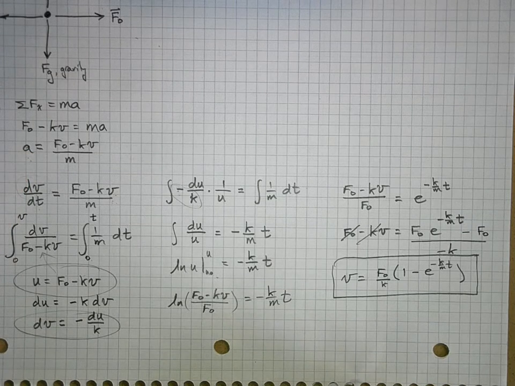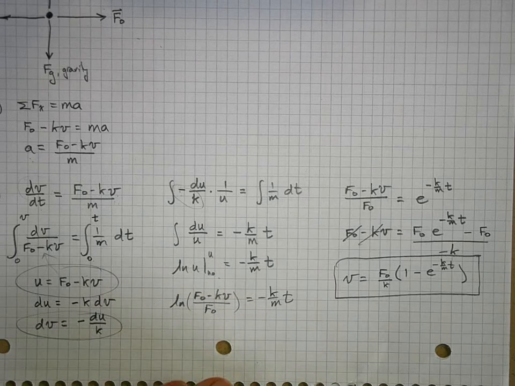No, he's fine, because basically he went through and integrated it in a different way than the equation sheet did. If you look at the equation sheet, it puts the c in front of the e, but there's no f naught on top of the k in the beginning of the expression. It's 1 over k times f naught minus c, and so when you put initial values of 0 in for t and add your limits, you get c equals f naught, so you're going to have 1 over k times f naught minus f naught e to the negative k over m.